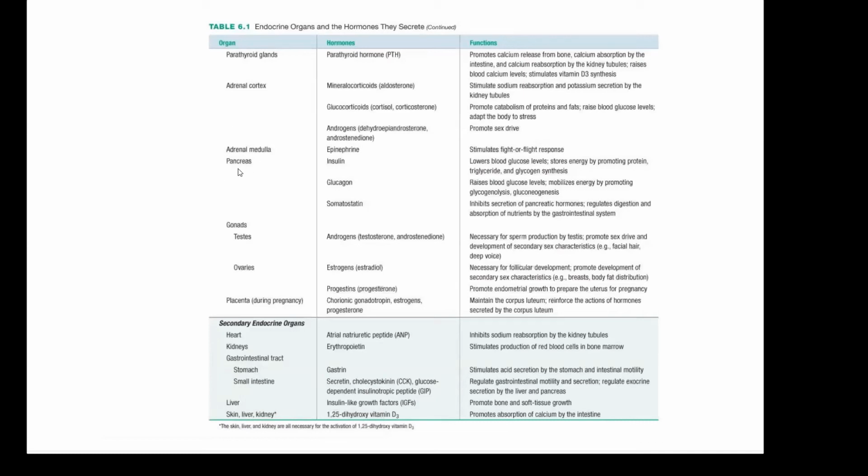And now we've gone through a lot of the pancreas. We will talk about the gonads later. It's important to know they exist, important to know that they do produce hormones. But if you're trying to focus less on certain things for studying purposes right now, because this is overwhelming, I would save those for later.